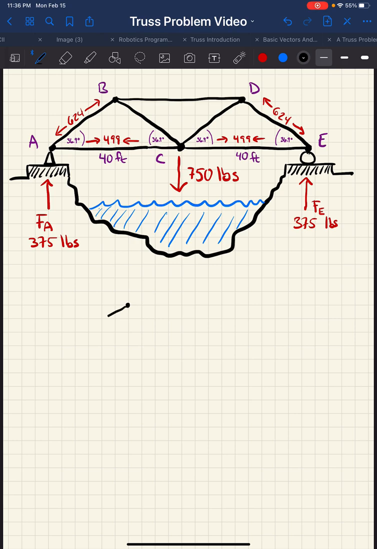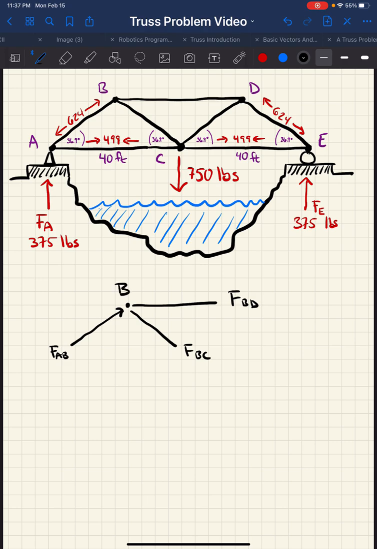At B we know the direction for FAB. We also have FBD and FBC.